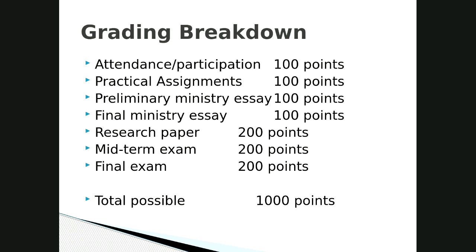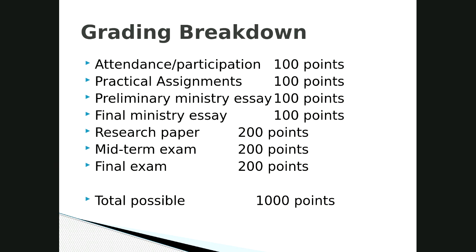I tend to do my assignments out of 1,000 points. So the total possible points you could get throughout a semester is 1,000 points. And you see there how it's broken down. Attendance and participation, which is basically watching the video lectures, submitting notes on those, participating in discussion boards, right?